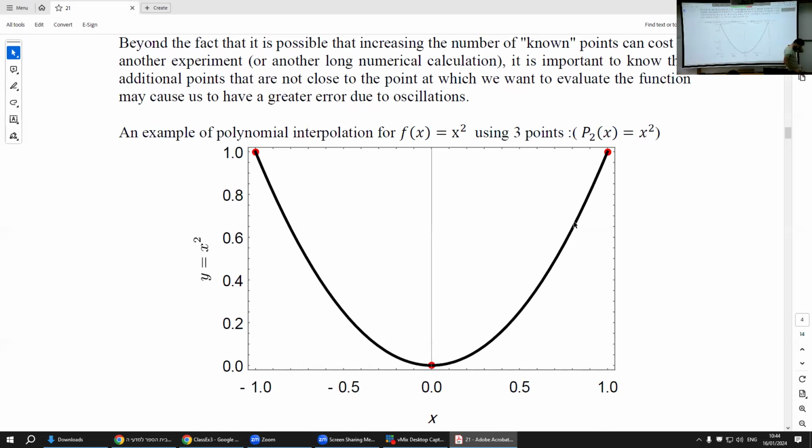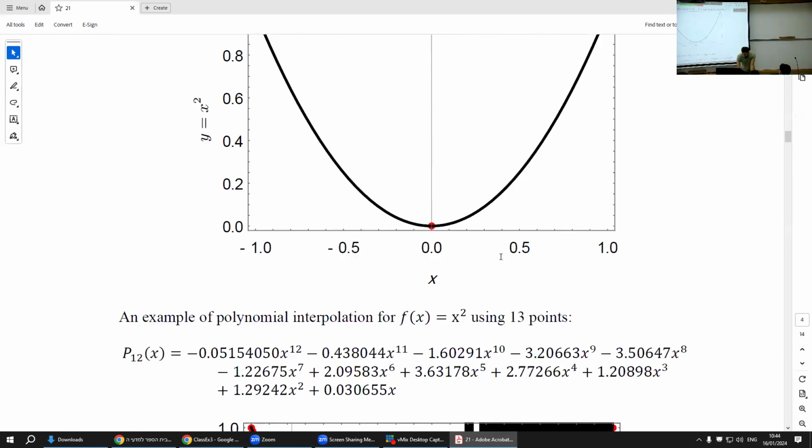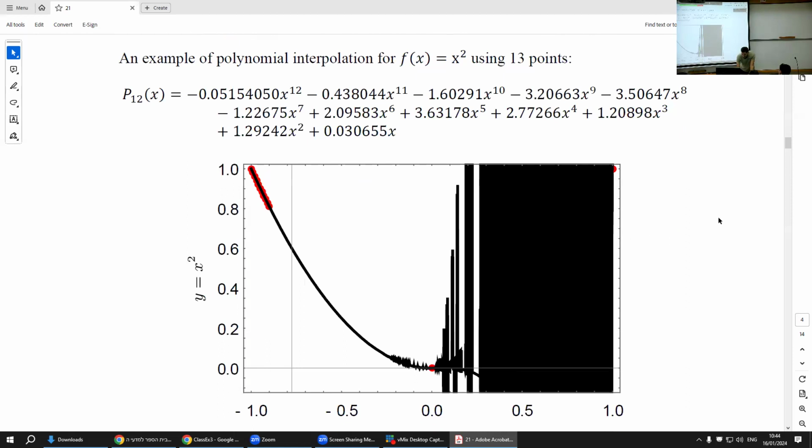Now suppose that he gives us also another 10 points here. What do you expect it to be? X squared? No. That's the answer.